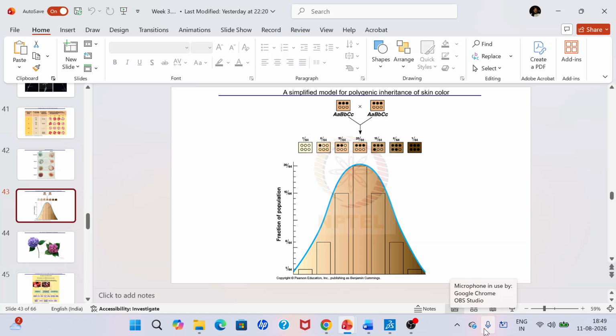It gives us a bell-shaped curve, because if you draw a Punnett square, you get these kinds of combinations. 1 out of 64 will be a completely dominant character.